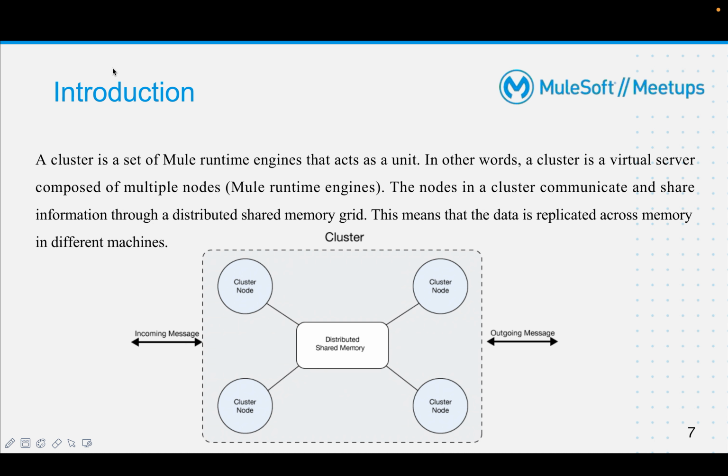Another server should take the load. In such a scenario, if you combine them as nodes and create a single cluster, it will distribute the load. Even though one node goes down, the other node will take its load and process it.